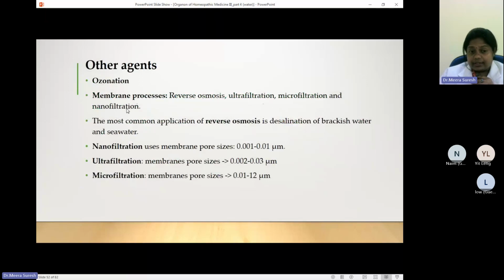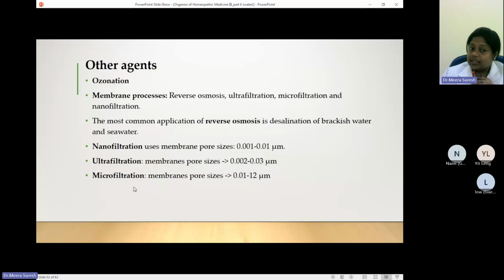But just the differences: it's the same filtration process, but the size of the pores used at different levels changes. In nanofiltration, the membrane pore size will be 0.001 to 0.01 micrometer. Ultrafiltration 0.002 to 0.03 micrometer, and micro, the pore size will be 0.01 to 12 micrometer.